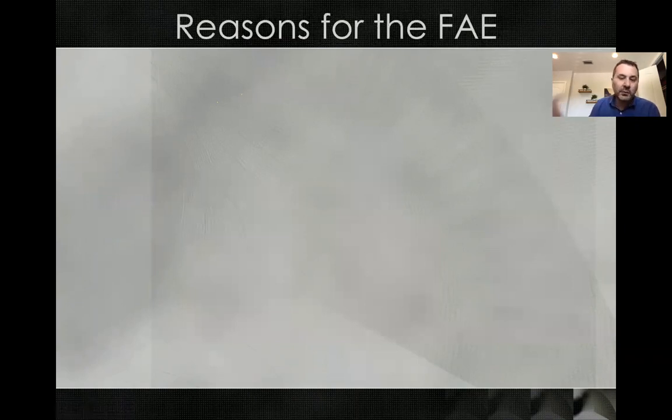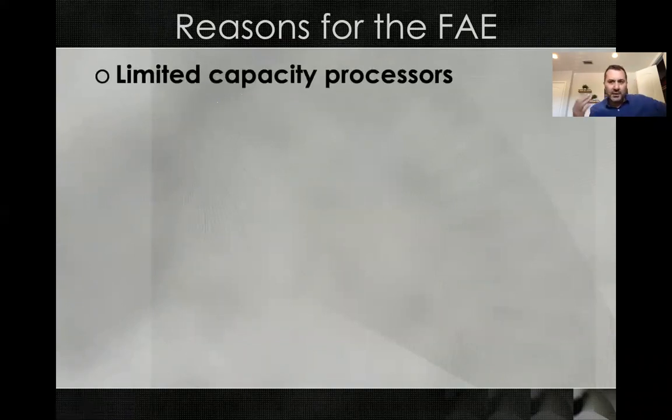There are numerous reasons why we engage in the fundamental attribution error. I'll give you a few. First off, we've seen before, and I'd mentioned that this is going to be a general theme that we see again in the class, is that we are limited capacity processors, meaning there's only so much that we can think about at any given time. And it takes a lot of cognitive resources in order to think about how the situation might have affected someone's behavior.